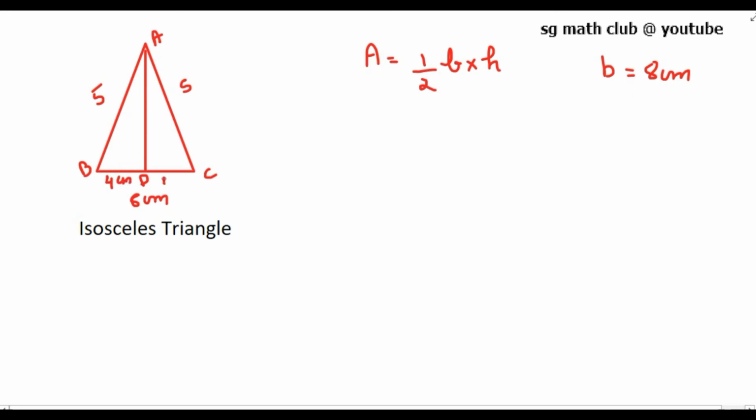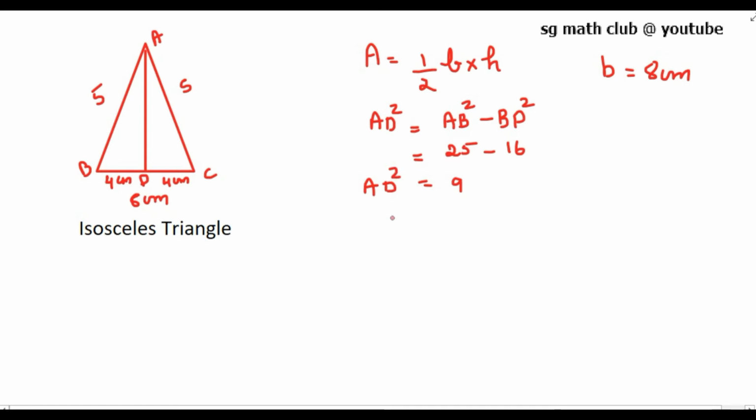This altitude divides the base into two equal parts for an isosceles triangle also. So to find out the height of this triangle AD, I am going to apply Pythagoras theorem. AD square is AB square minus BD square. So that is 5 square minus 4 square, 25 minus 16, which is equal to 9.